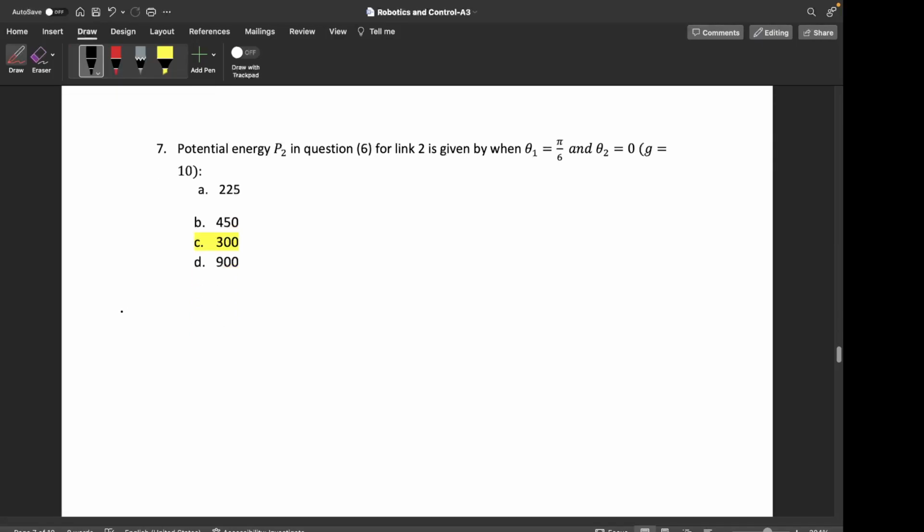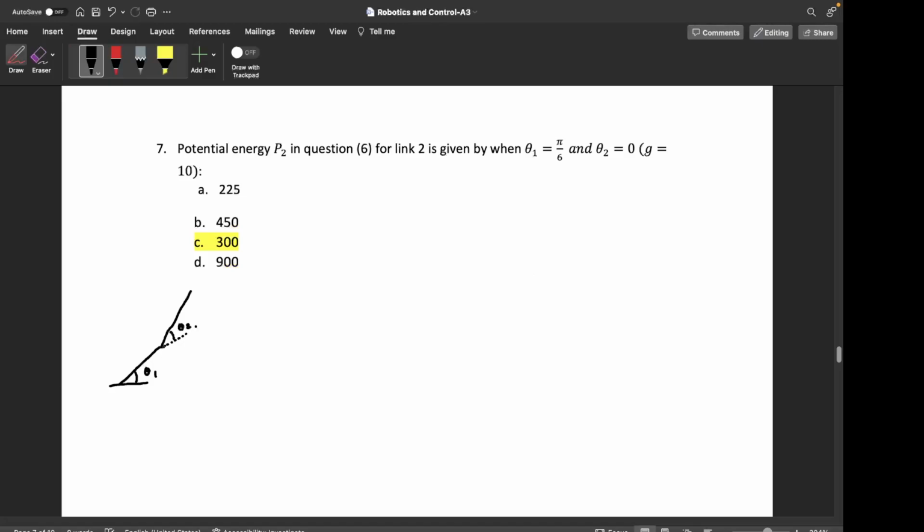Okay, so this is theta 1, right, and theta 2 is given from the angle link 2 makes from link 1.